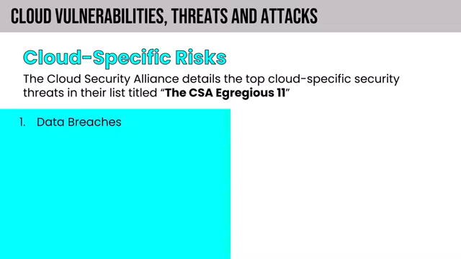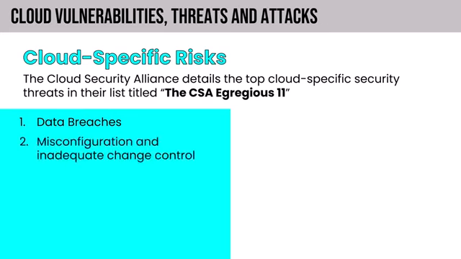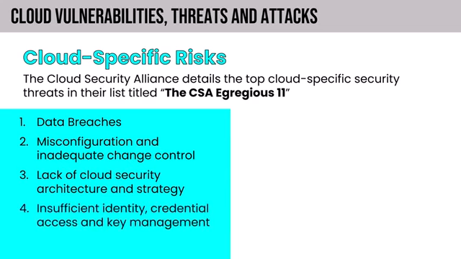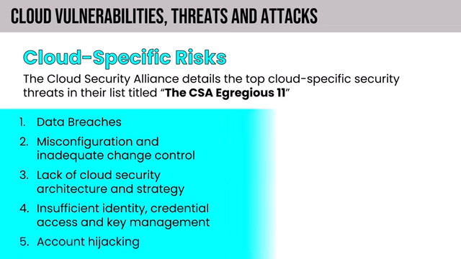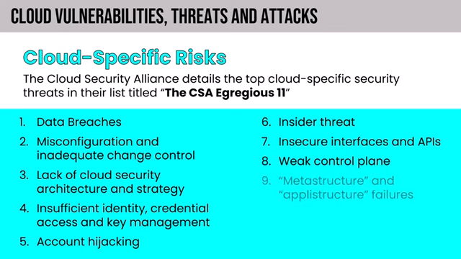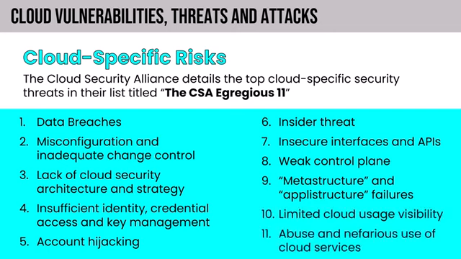So a recent list included data breaches, misconfiguration and inadequate change control, lack of cloud security architecture and strategy, insufficient identity, credential access and key management, account hijacking, insider threat, insecure interfaces and APIs, weak control plane, metastructure and applistructure failures. We'll talk about those two terms if you're not familiar. Limited cloud usage visibility, and abuse and nefarious use of cloud services.